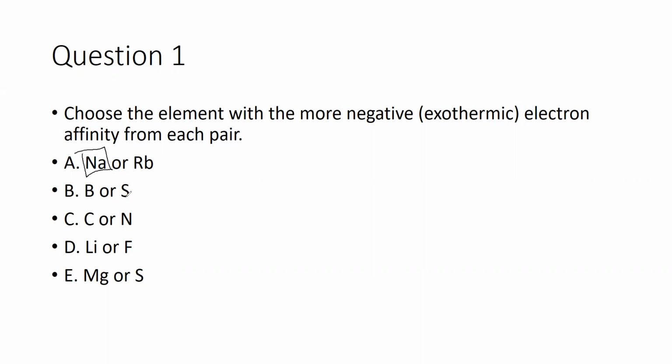True that sulfur is below boron, but sulfur is more to the right, so it's going to be more negative. Carbon versus nitrogen. Nitrogens are oddball. Nitrogen does not want electrons, so carbon wins by default. Lithium or fluorine. Fluorine's a halogen. Halogens really want electrons, so halogens will win. And magnesium versus sulfur. Sulfur is to the right of magnesium. Magnesium does not want an electron at all because it's in the second column. So sulfur is more negative.